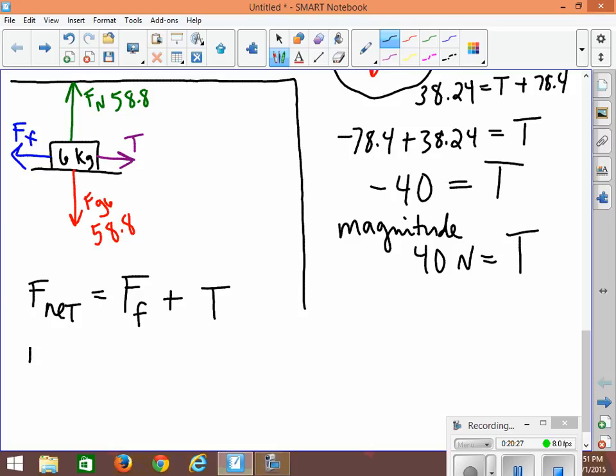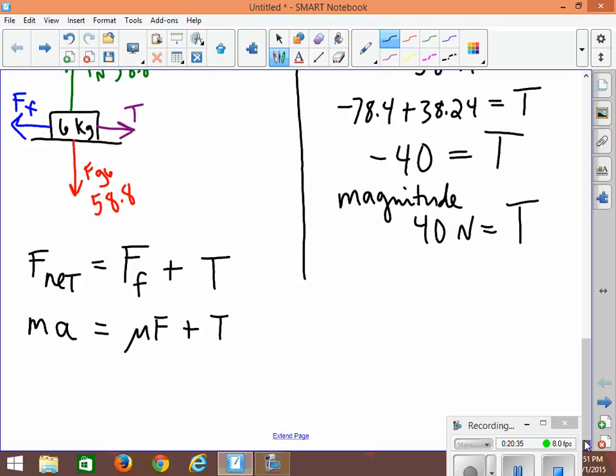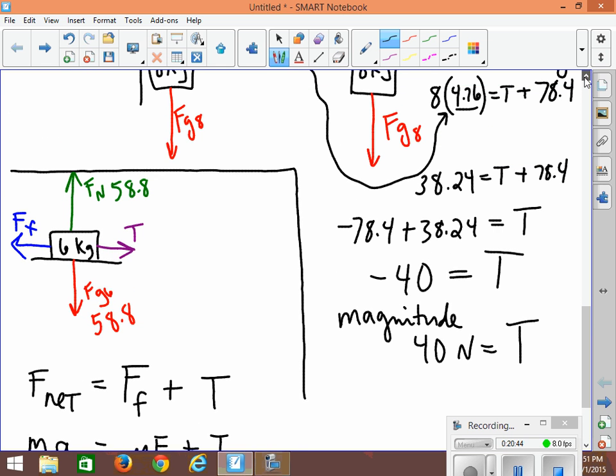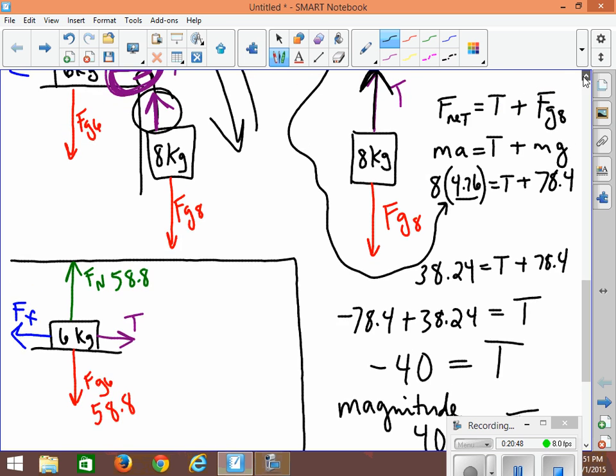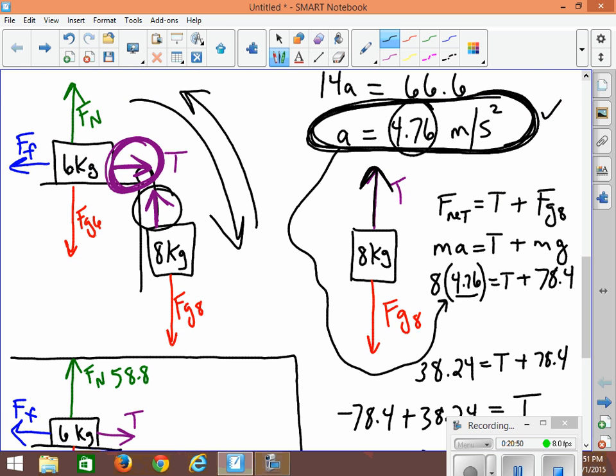We know the mass of this object is going to accelerate, and the friction is going to be mu Fn, and we're going to have a tension force. So we just carry that down and put in our numbers. The mass of this block is 6. And again, we know the A because it's the same A from before. The entire system A, which we figured out way up here, 4.76 again.